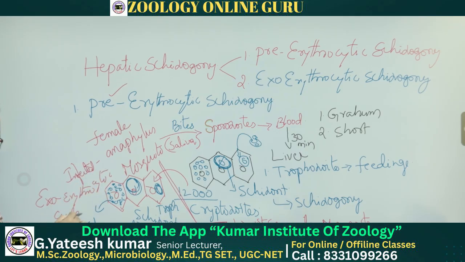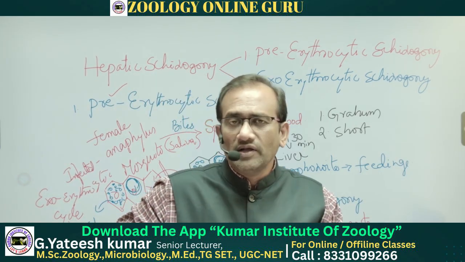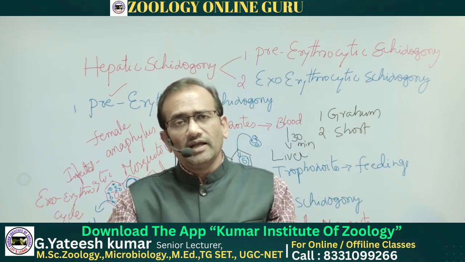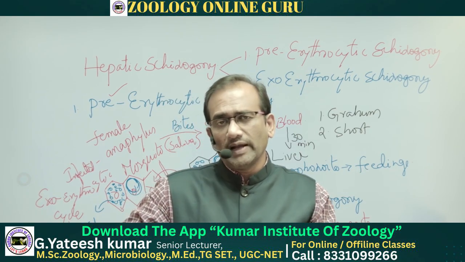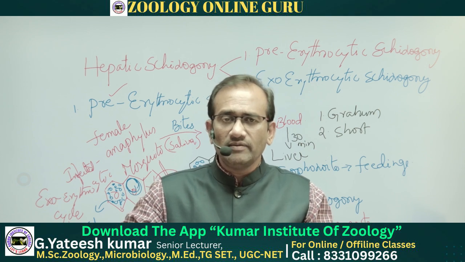What we are discussing, the life cycle in human beings in the liver, is called hepatic schizogony. Hepatic schizogony is once again of two types, the pre-erythrocytic cycle and the exoerythrocytic cycle.